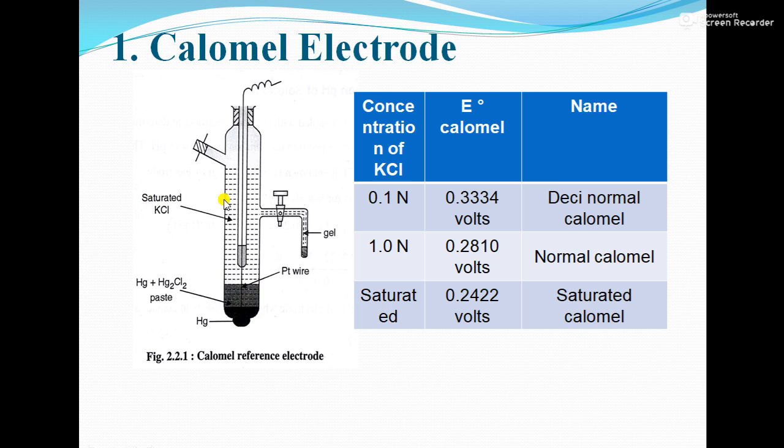When we replace this saturated solution by one normal solution, that value is going to increase, that is 0.2810, and the name of the electrode is normal calomel electrode. Then in case of 0.1 normal, it will become 0.3334 and the name will become decinormal calomel electrode.